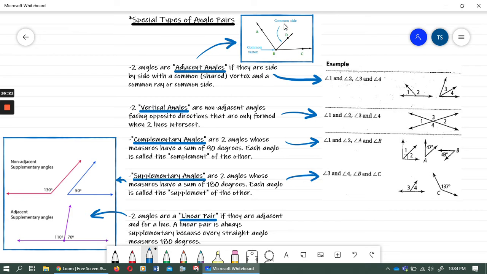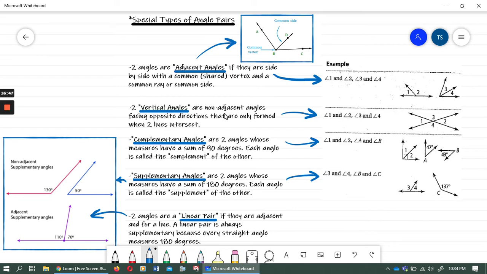They have a common vertex, a shared vertex, and they have a common side, right? So any 2 angles that are side by side with a common vertex and a common ray or common side are considered adjacent angles.